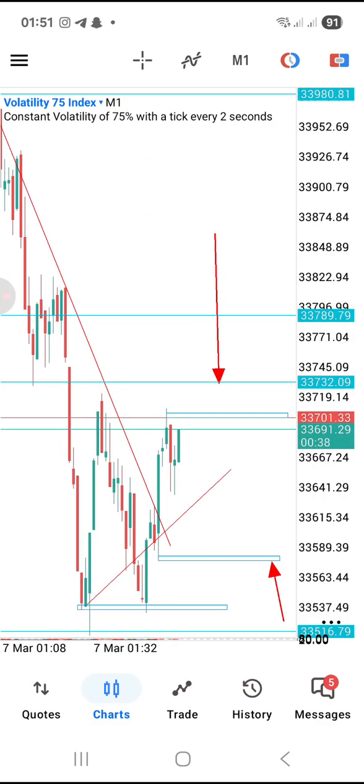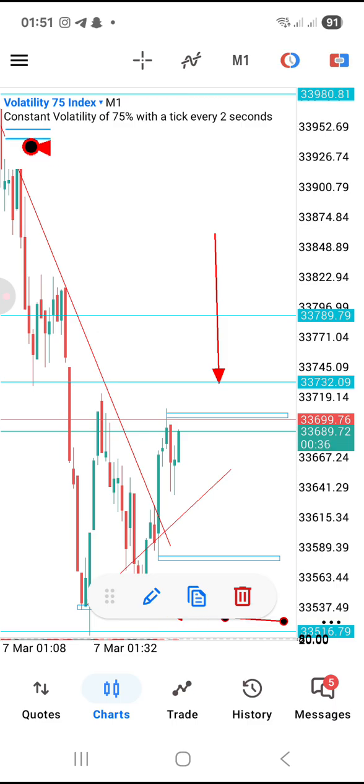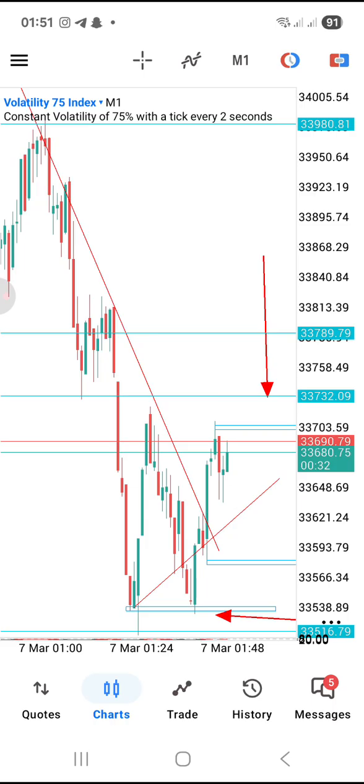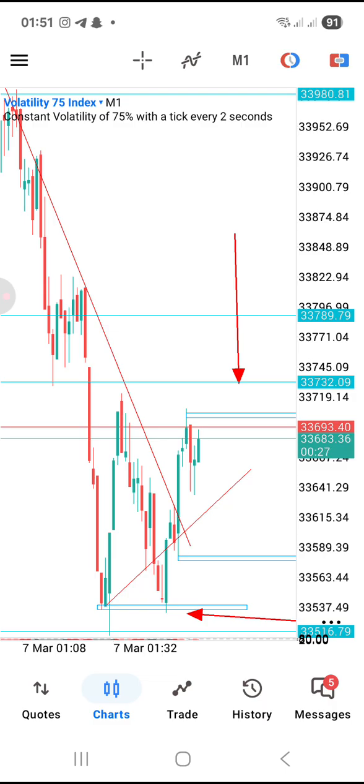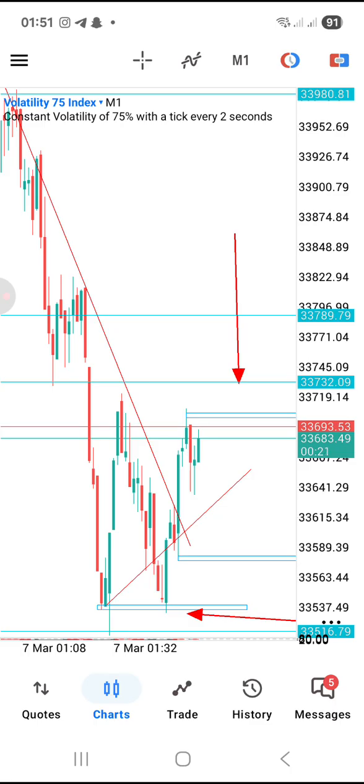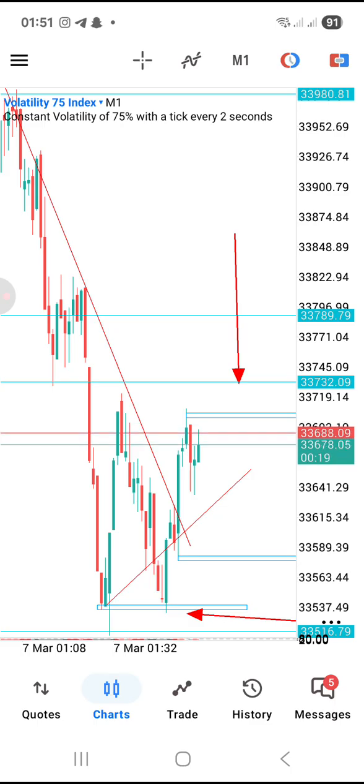But the challenge is here. The 1 minute was not able to break down. So it's suggesting that it's coming for the most recent high. So we may have a quick buy, maybe a very quick one. Enter, take some profits, we get out.